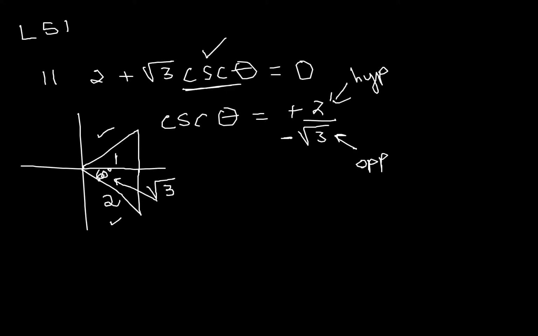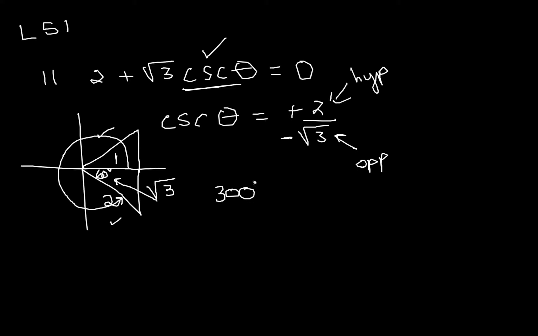You can either put -60, or let's see what they put down for an answer. Okay, this is a little bit different, so you have to figure out what this is going to be. If this is going to be 60, if you go around like this, that's going to be 300, right?